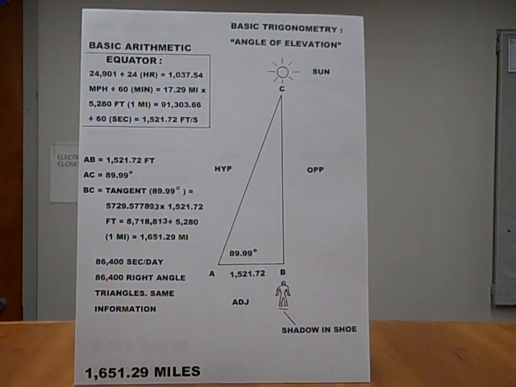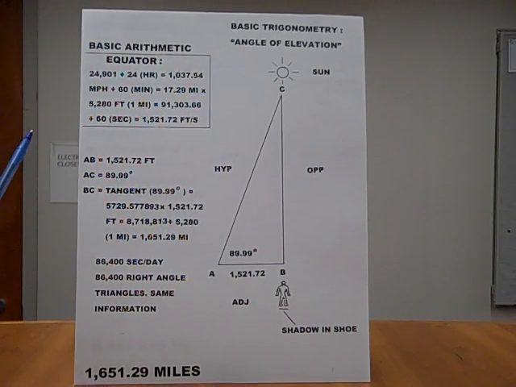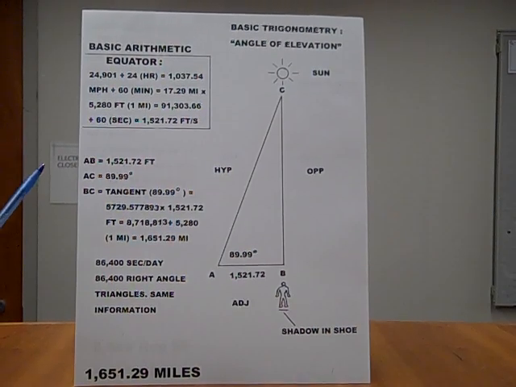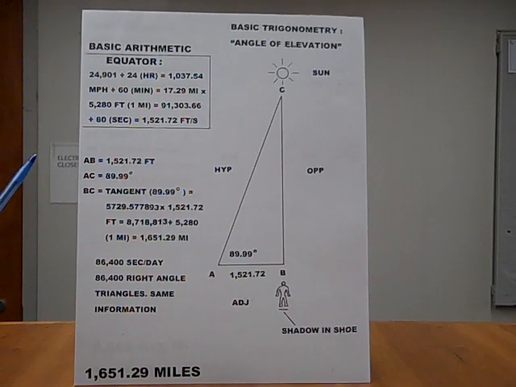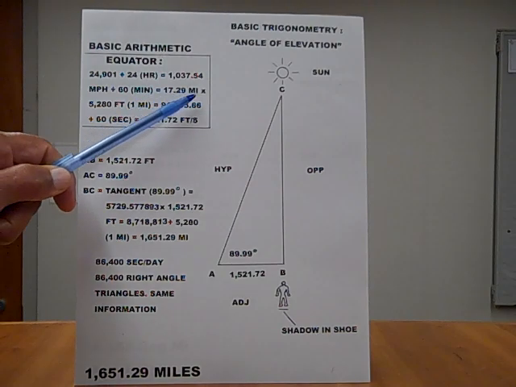Now, the distance of the sun. This is basic arithmetic. The equator is considered to be 24,901 miles in circumference, divided by 24 hours equals 1,037.54 miles per hour for the sun's speed. Divided by 60 minutes equals 17.29 miles.